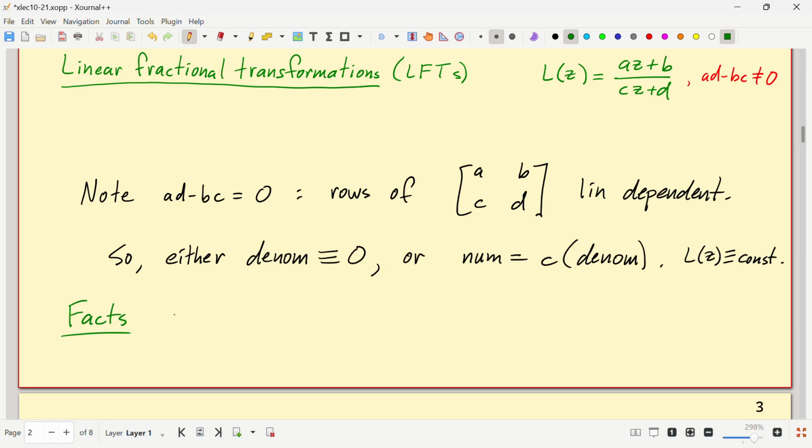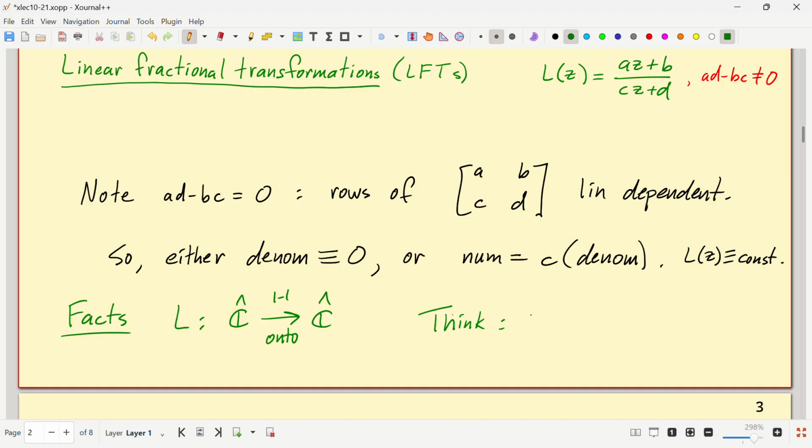Facts: these LFTs, you can think of them as the automorphism group of the extended complex plane. So it's 1-to-1 and onto. There's an automorphism group in an extended sense.